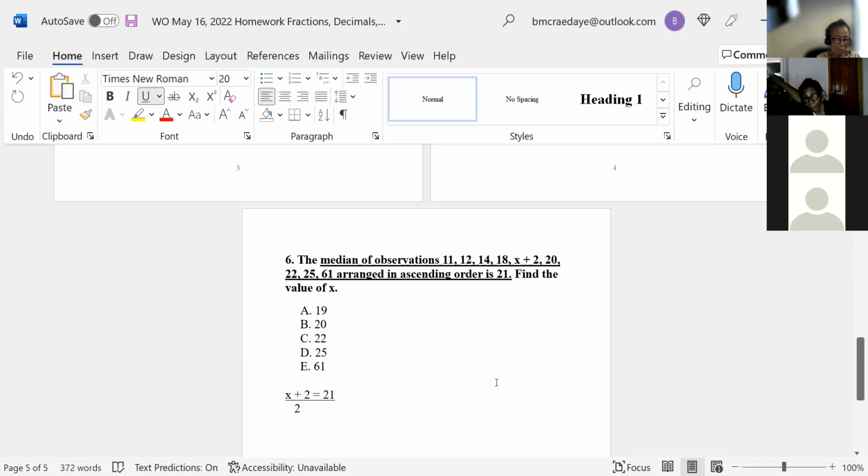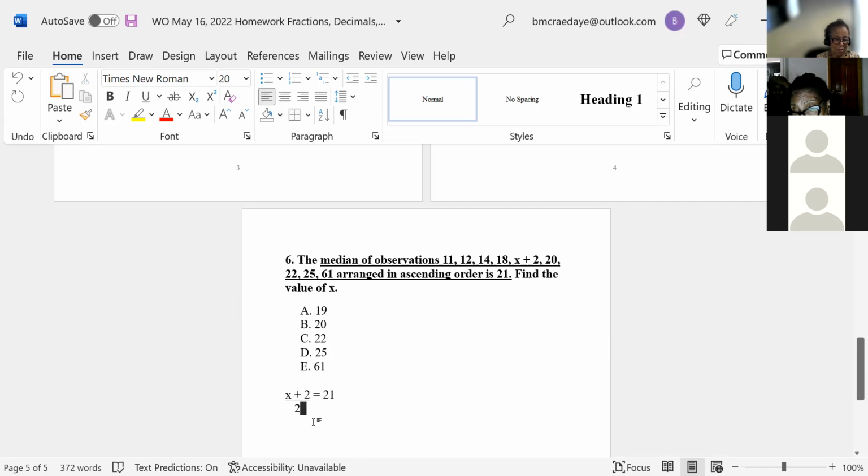So calculate x. How would you calculate x? If it's x plus 2, x would be 20.